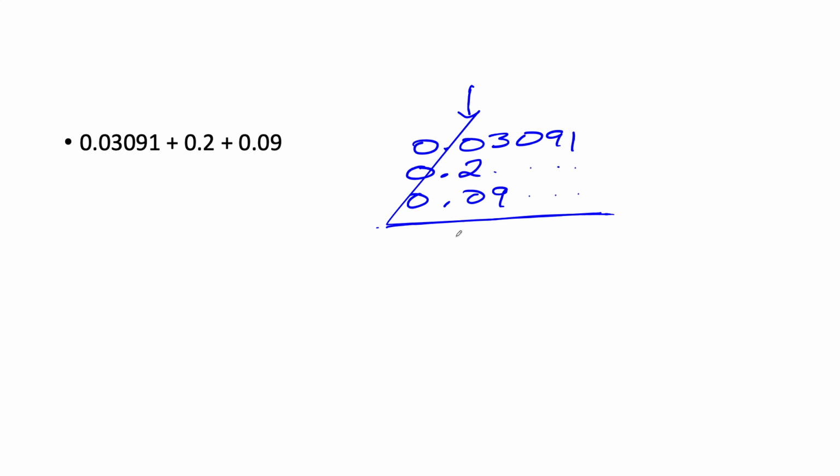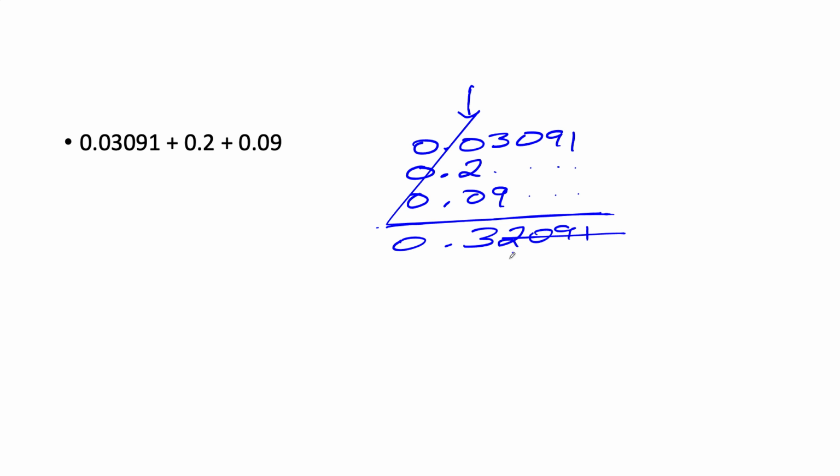So if we add this up, this is going to be 0.91. 9 plus 3 is 12, and then make a 3 here: 0.32091. But as I said, this is where my last significant digit is, so everything to the right of the 3 is insignificant.